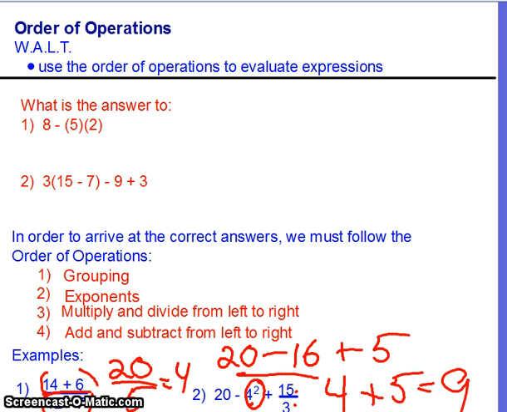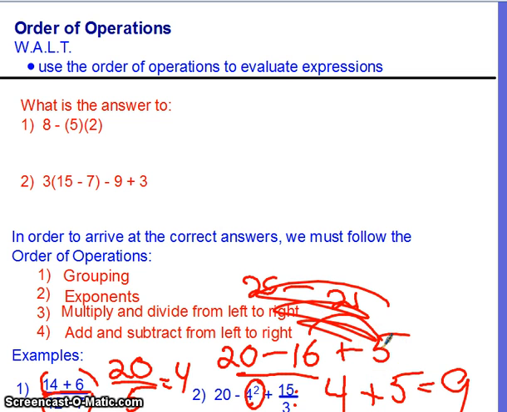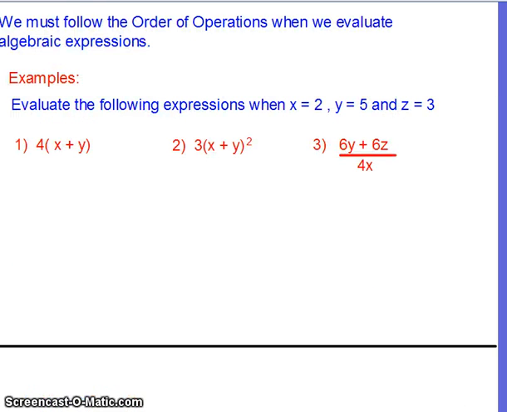If you did it the other way, you would get 16 plus 5 first, get 21, 20 minus 21, and that would be the wrong way to do it. So you have to know that when you're dealing with multiplication and division, it's left to right operations first, addition and subtraction, left to right operations first.